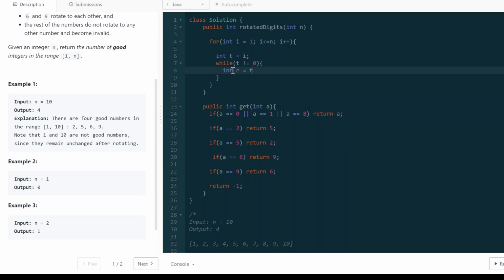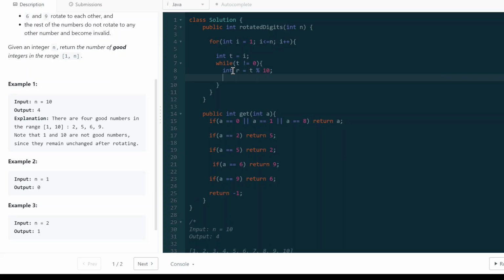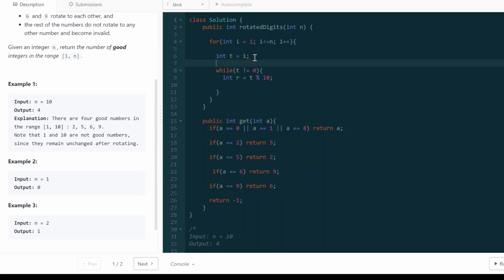I'm gonna get the remainder. So this is what we do in our childhood, right? This is how you basically fragment each digit in a number. So I'm getting the remainder, and then maybe I can also say result, which is initially 0.